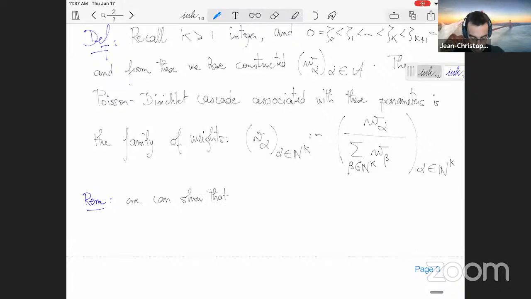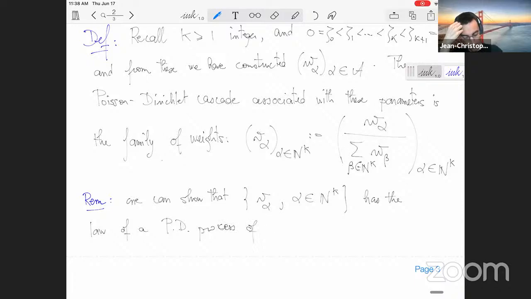the law of this vector as a point process, so let's say V alpha in NK, has the law of a Poisson-Dirichlet process of parameters zeta k.